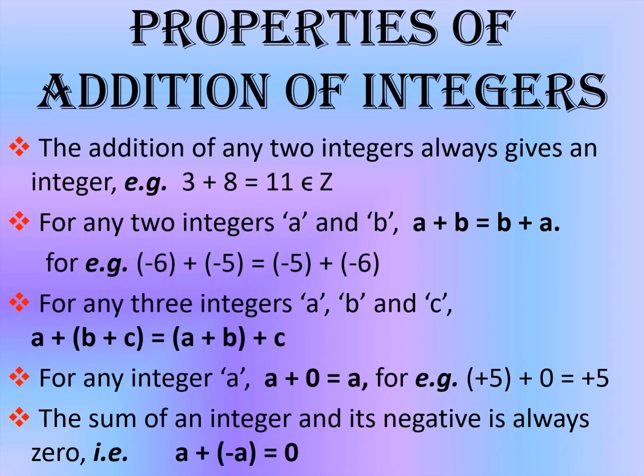Third, for any three integers a, b and c, a plus b plus c equals a plus b plus c, grouped in any order. For any integer a, a plus 0 equals a. And last, the sum of an integer and its negative is always 0. That is, a plus minus a gives 0.